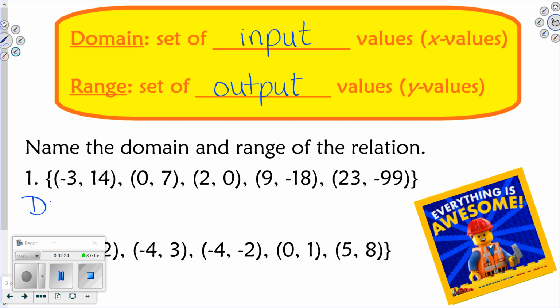So for number 1, D, we can just say D for domain. What are the domain values? Very good. What did he just list for me? The X values. Yeah, he just listed all of the X's. That's your domain. And then range would be what?